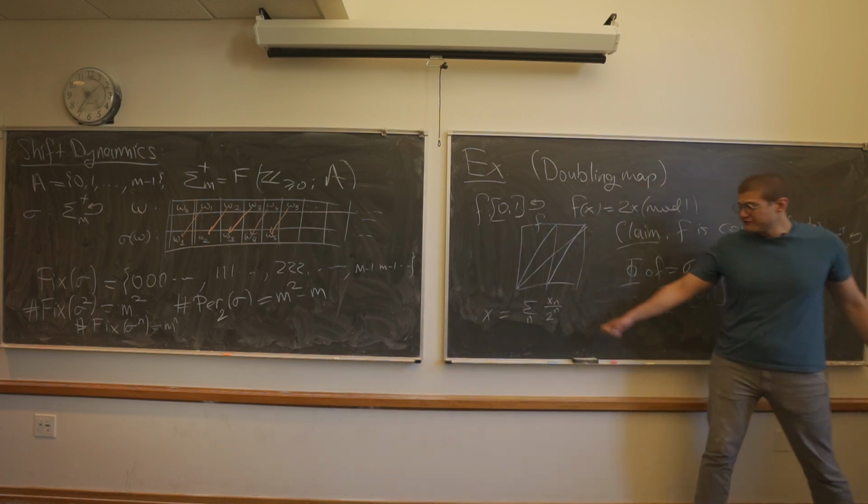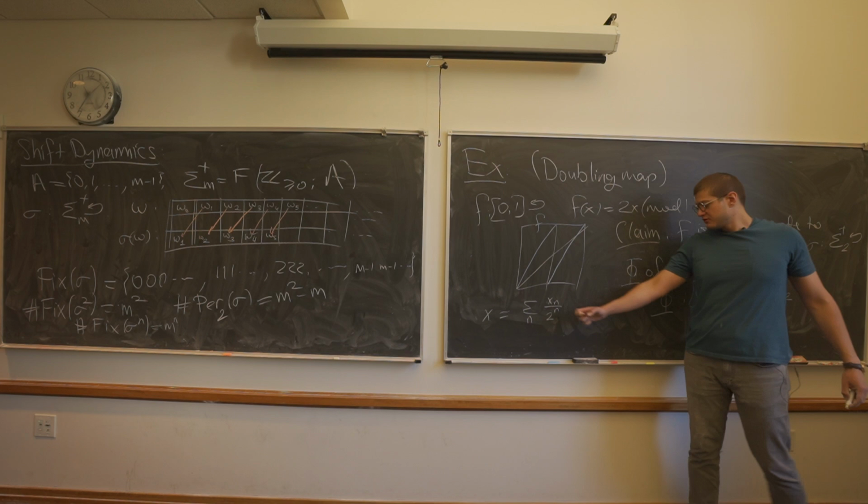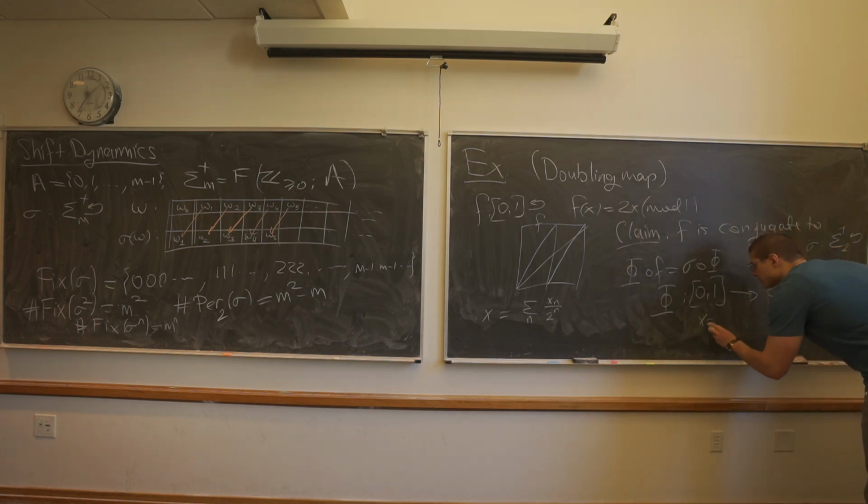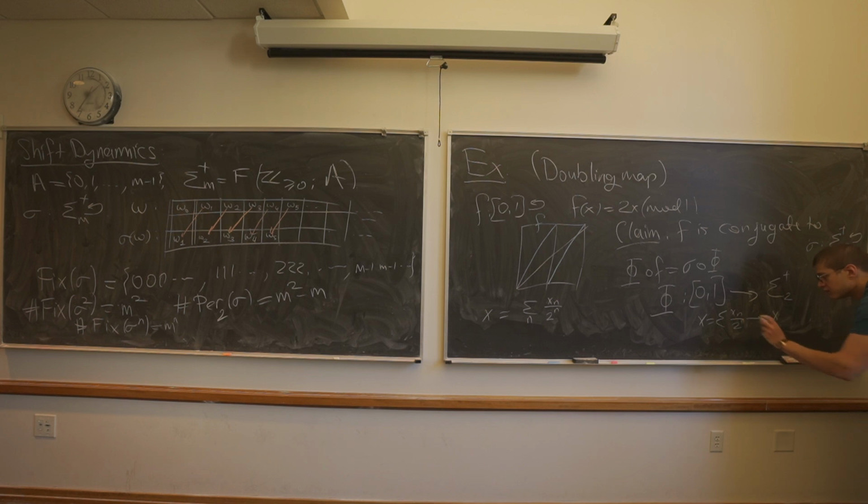The coefficients of this power series give this map. I think we should start with n equals 1 or something. It's not that important.